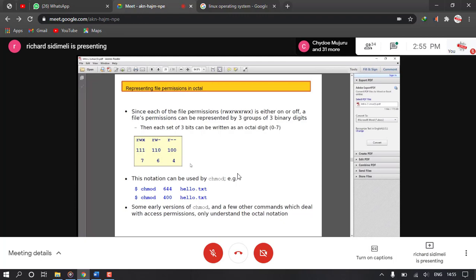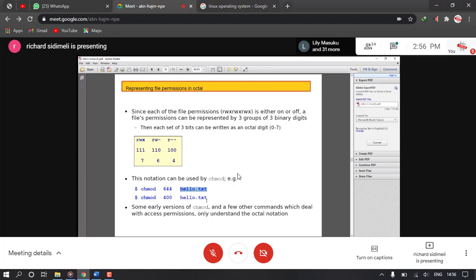And it is the changing of these numbers which is like, for example, if we say chmod, change mode, 600 644, which means we are saying the ability to read only is enabled for the group and for the others on this file called hello.